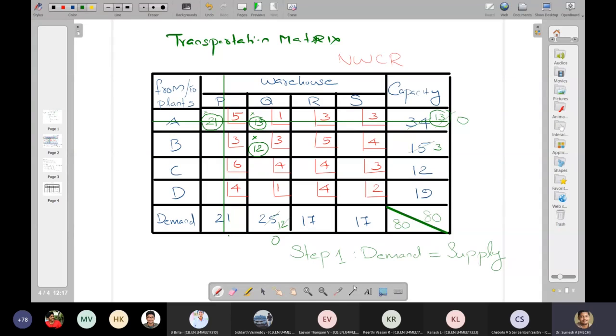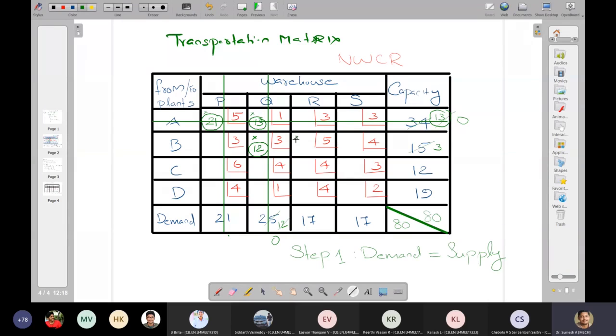The next new northwest corner will be BR. In BR, the demand is 17, but the only left out capacity is 3. So I will give that 3 over here.